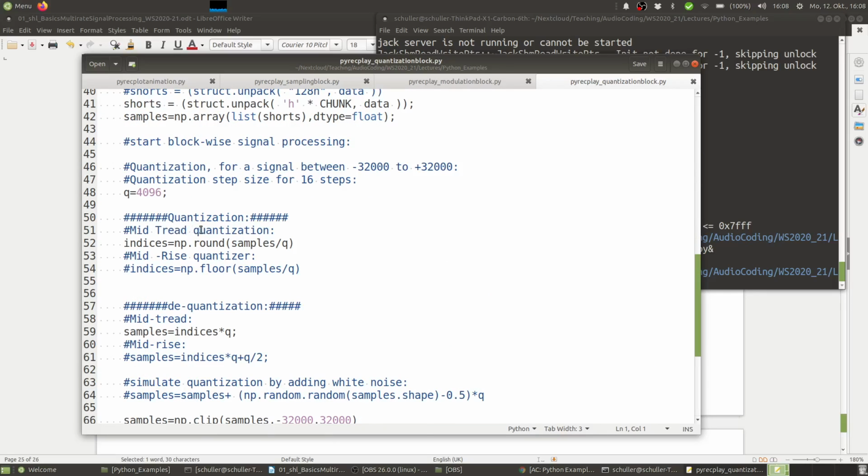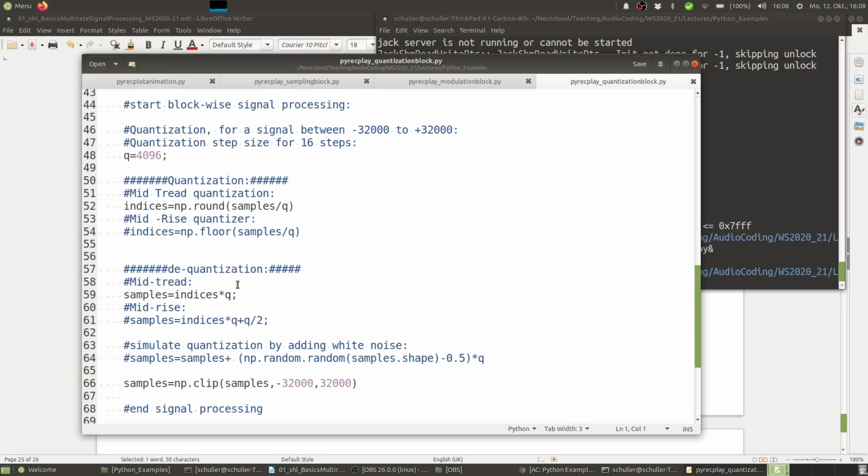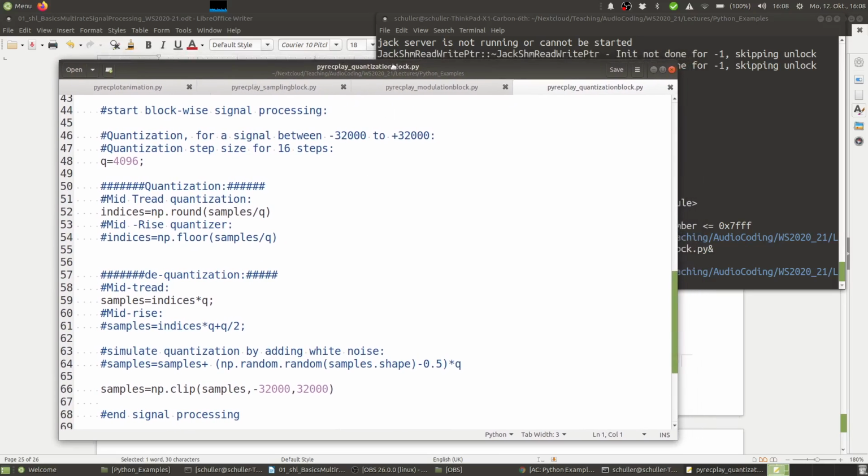So here mid-tread, so simply rounding for the quantization, and here the dequantization, simply taking the indices and multiply it by the quantization step size Q. So here you have Q, and here I actually have a relatively large Q. Right? When you think about maximum value here, 32,000, then 16 steps are sufficient to cover it. So this leads to significant quantization artifacts.